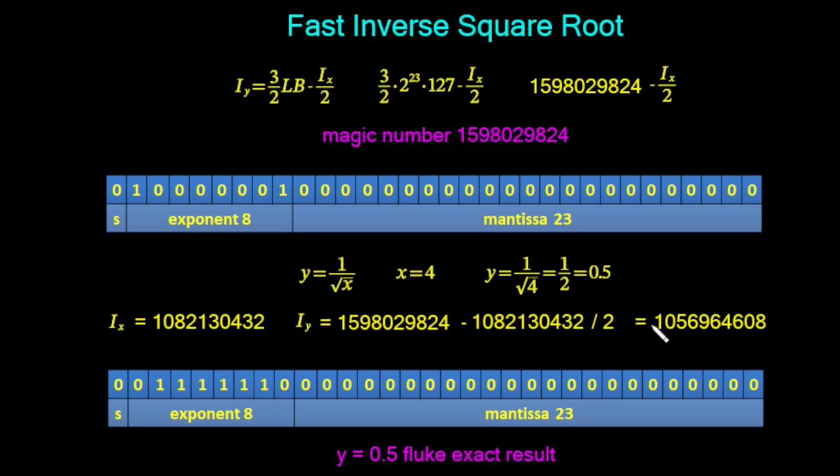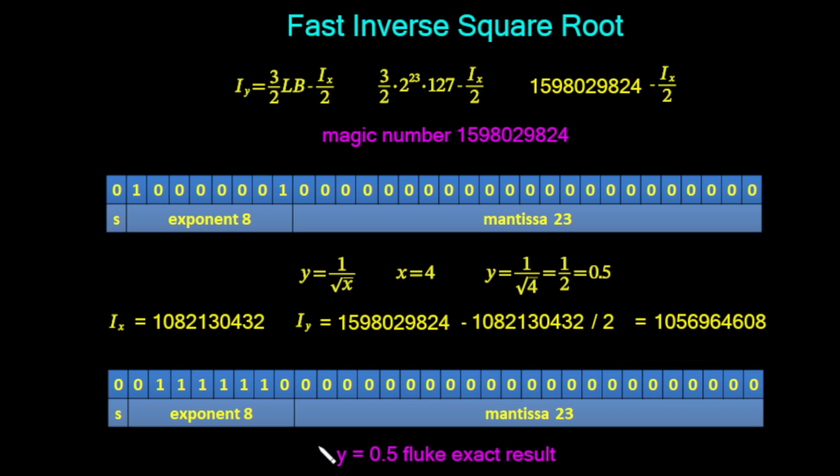So this will give us this number here. Now whenever we take this number here and we represent it in binary format, so this is just a simple binary format for this number, and then we convert this binary format back into the number y. So we take this here and we convert it back into the number y. We're actually going to get y is equal to 0.5.